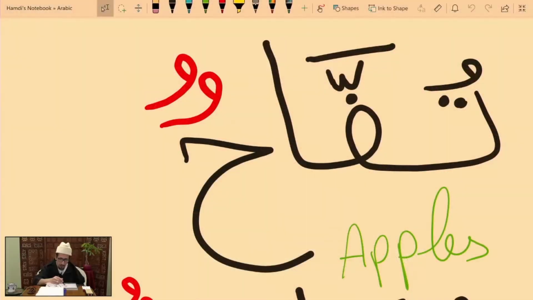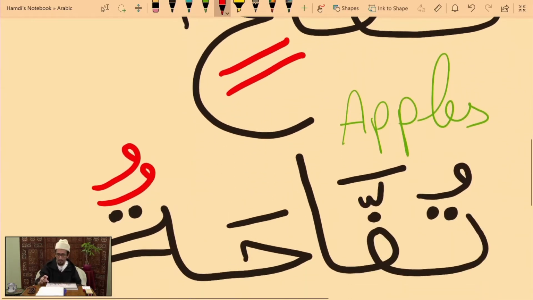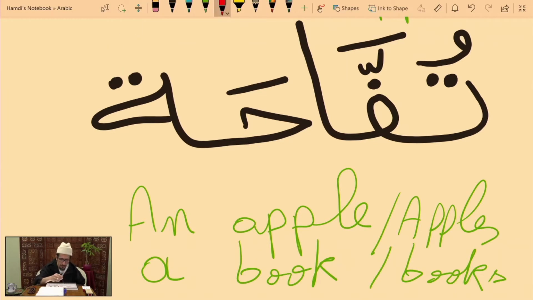So by default we say tuffahun, but it could also be tuffahin. Same thing. It's still apples, right? Because we don't have the same phenomenon in English. It will say apples. And in the singular, it could be tuffahatin, and that's still an apple, right?